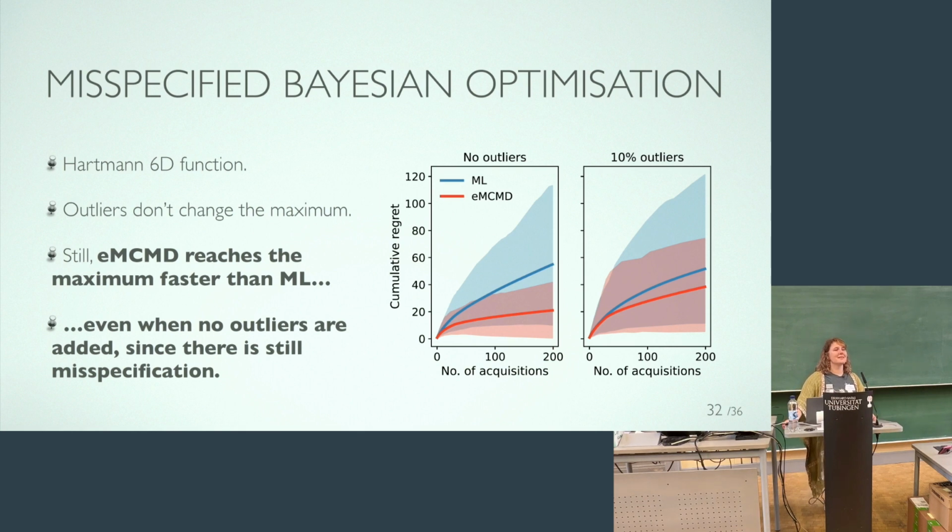Yes? I have one question. First, I have to promise I have zero knowledge in probabilistic numerical methods. My question is, this EMCMD measures distance to find some distribution function, right? So does maximum likelihood use the same distance, or how do you define parameters?